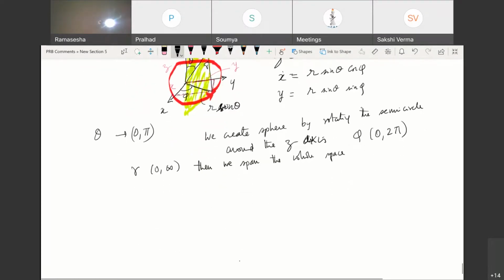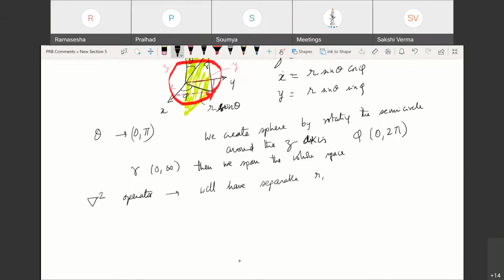Now, given the r, theta equation, okay, so this is the hydrogen atom problem we have done.